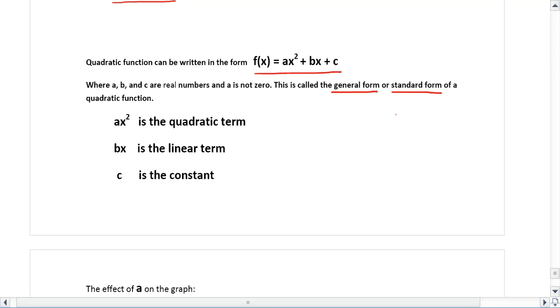We're going to have to be able to move from the general or standard form into vertex form and vice versa. And then just some terms, what we call it. We call the x squared term the quadratic term. We call the x term the linear term. And of course the c is the constant, or just the number.